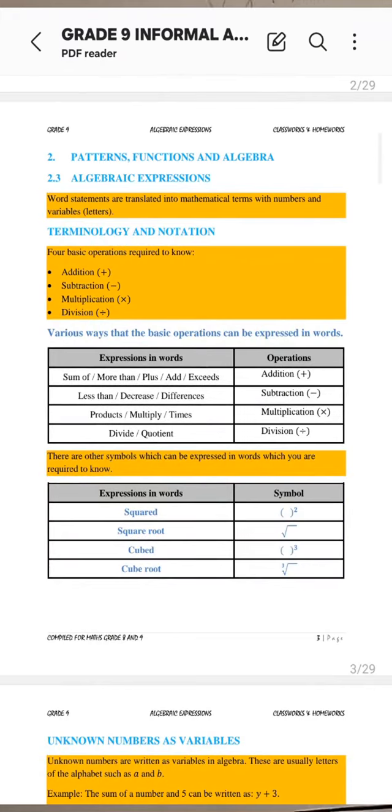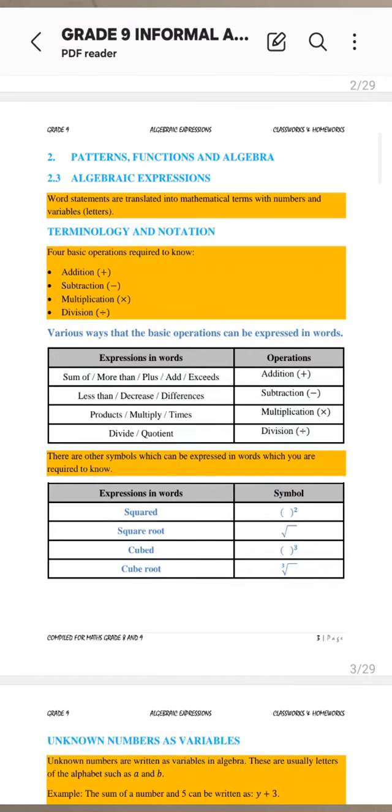Sum of, more than, add, exceeds, these are all words in English that mean add. Less than, decrease, difference mean subtraction. Products, multiply, times mean multiply. Divide and quotient definitely mean division.